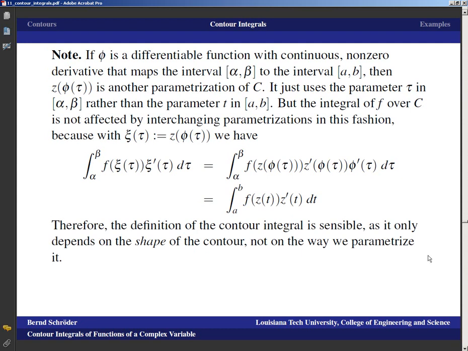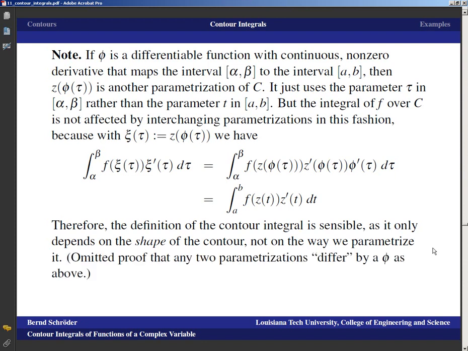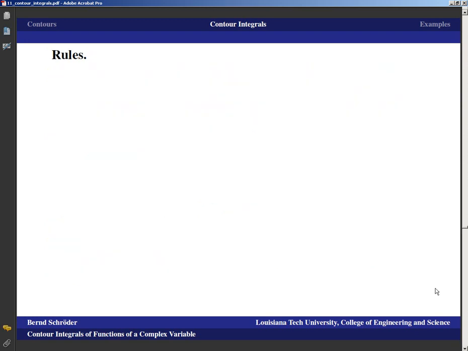That's very important because we want these things to be geometric entities that don't depend on how fast we go around the contour. We omitted the proof that any two parameterizations differ by a function phi as described, and that is a very technical part that I would recommend a class in real analysis for.